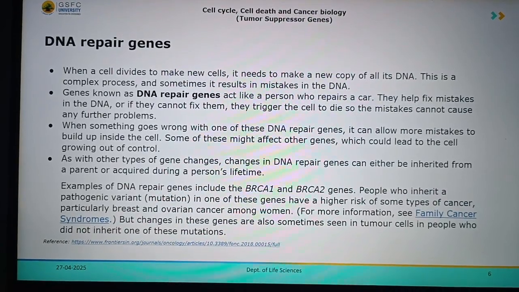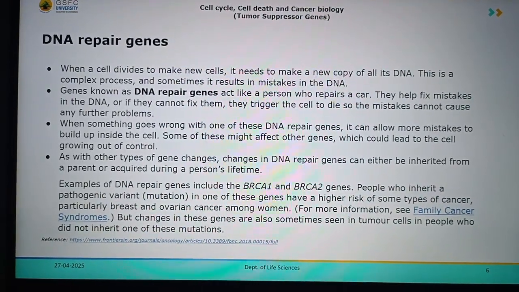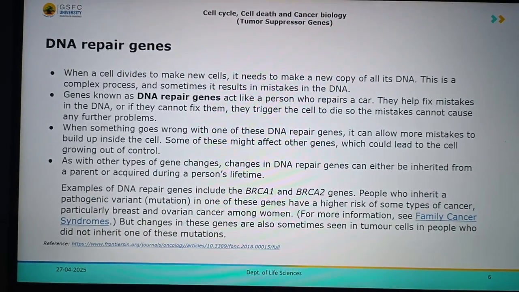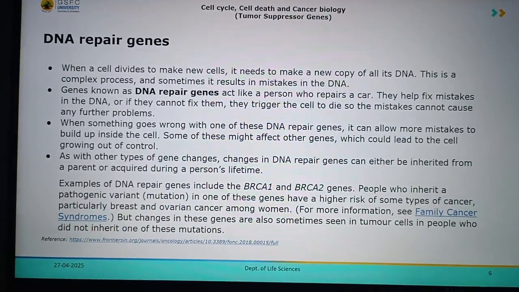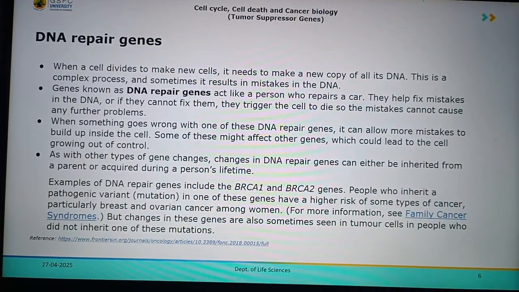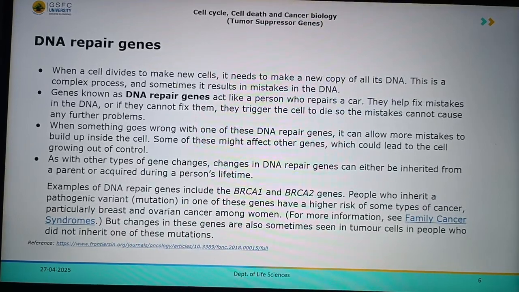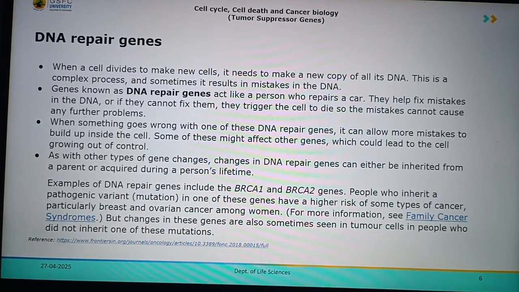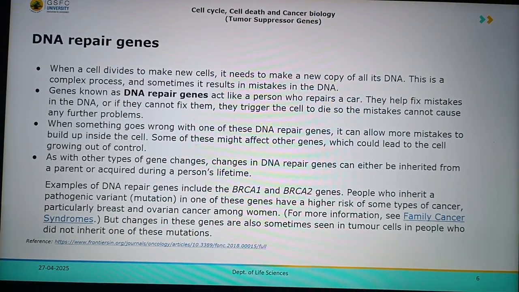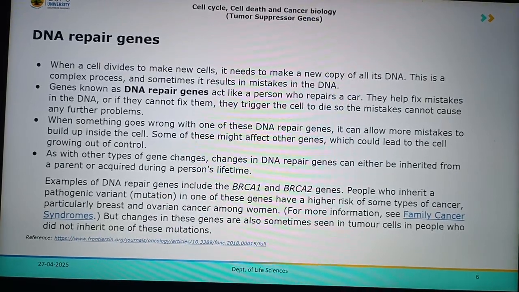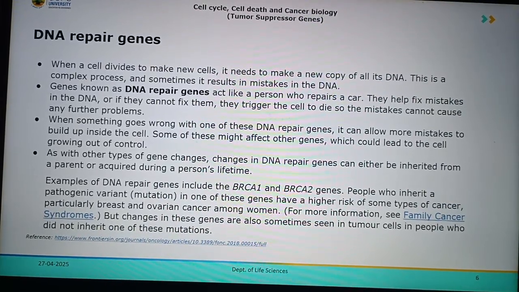This is a complex process and sometimes results in mistakes in the DNA. DNA repair genes act like a person who repairs a car. They help fix mistakes in the DNA, and if they cannot fix them, they trigger the cell to die, so the mistake cannot cause a fatal problem.